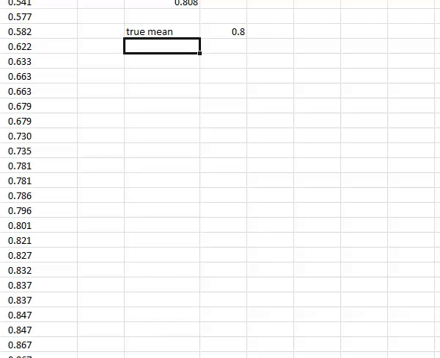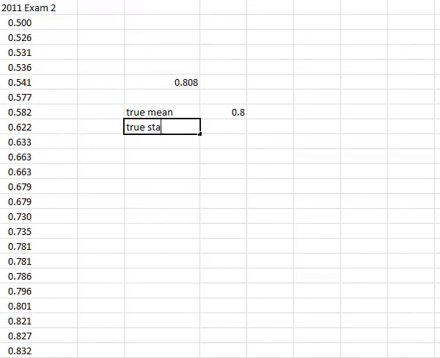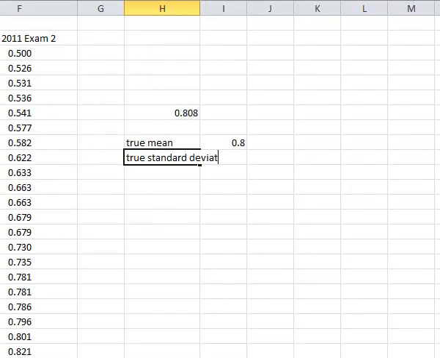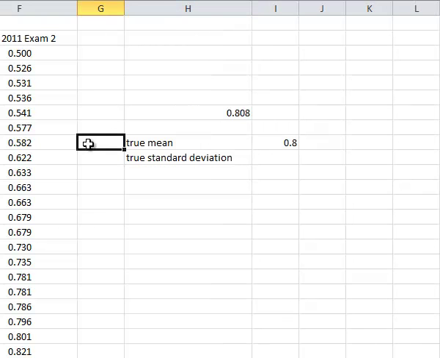Now, again, I'm saying also the true standard deviation, but the true mean, I mean mu, and the true standard deviation is lowercase sigma. The population mean, population standard deviation, and let's say that it's 0.2.